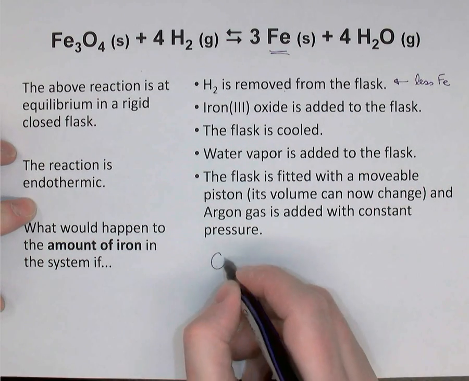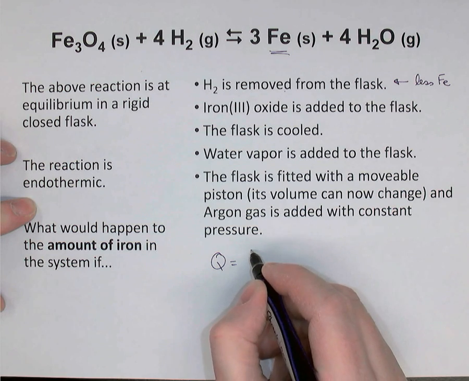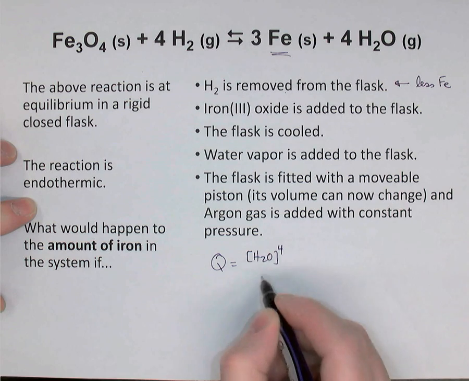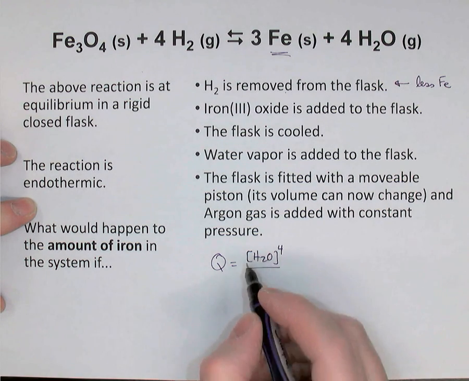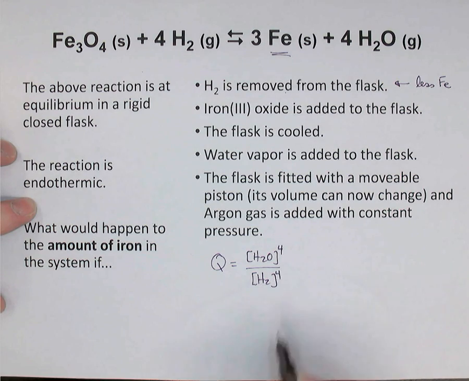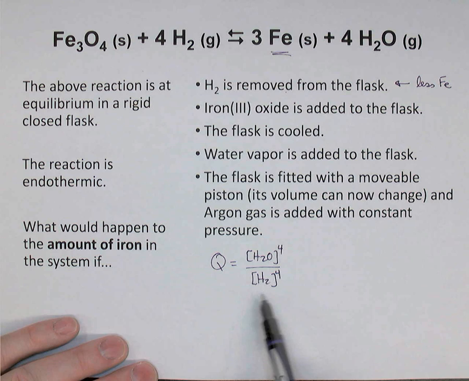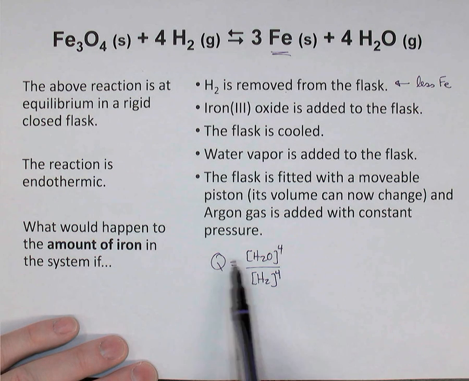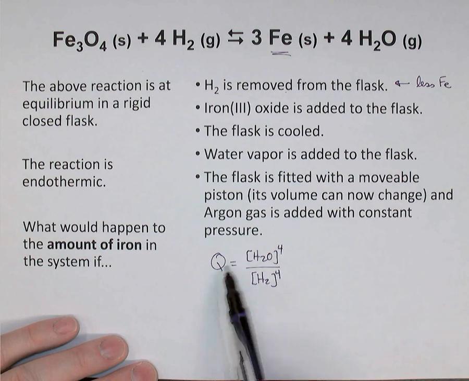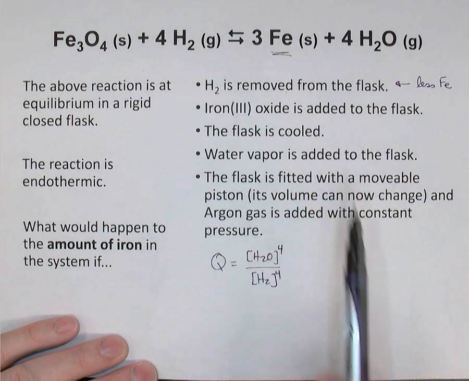Now if you look at the expression for Q here, leaving out liquids and solids, Q is equal to the concentration of water to the power of 4, water is a gas in this reaction, over concentration of hydrogen to the power of 4. So if you were to remove hydrogen, you're lowering hydrogen's concentration. That will cause Q to get larger. Q is now bigger than Kc. A reverse shift occurs. Therefore, less iron.